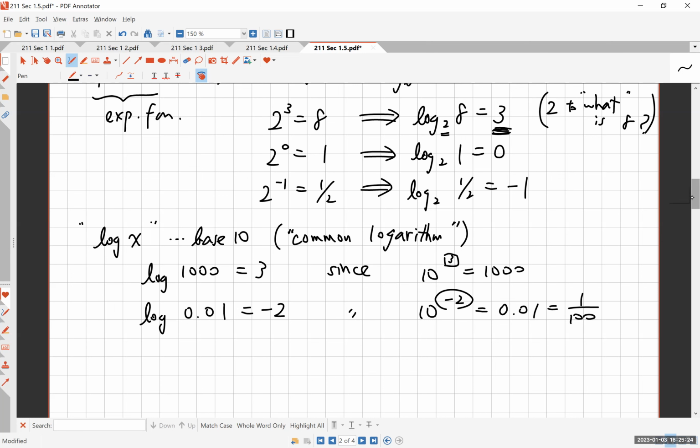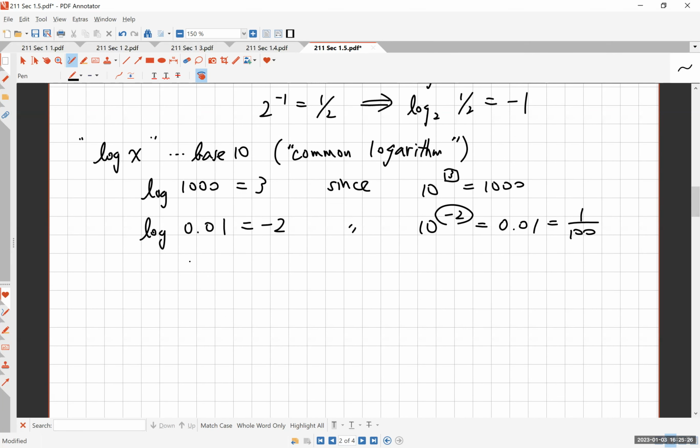All right, so for every exponential expression, there's a log expression, and every log expression can be rewritten or translated into an exponential expression. Now, I think you can tell that this is the opposite, right? 10 to the third is 1,000.